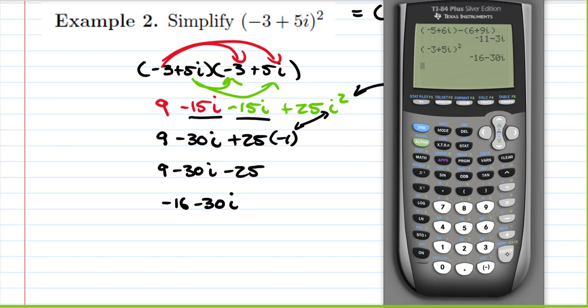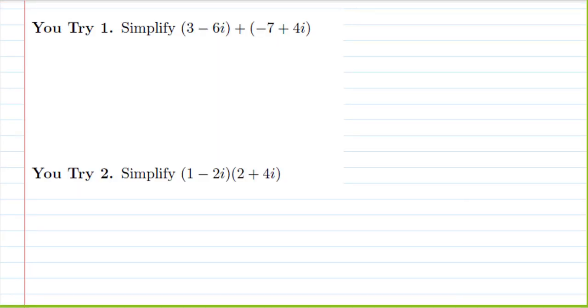Right? So our calculator, as long as we put it in complex mode, can do complex arithmetic for us. We're going to talk about one exception a little bit later on, because the TI graphing calculator has a problem.